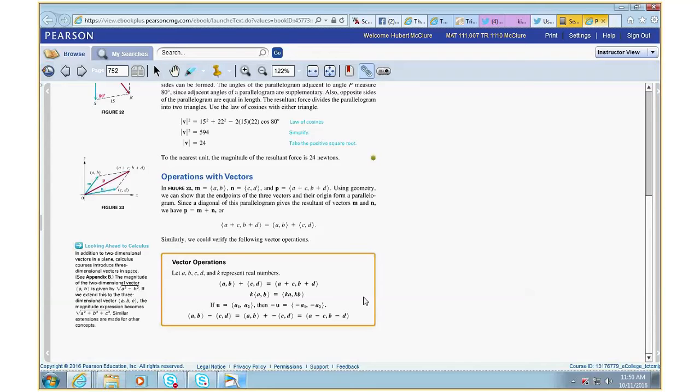And a minus c, b minus d is equal to all that. Just distribute the negative: a minus c and b minus d. You don't use these a lot. This one you do. You use that, but the second one you use quite a bit.